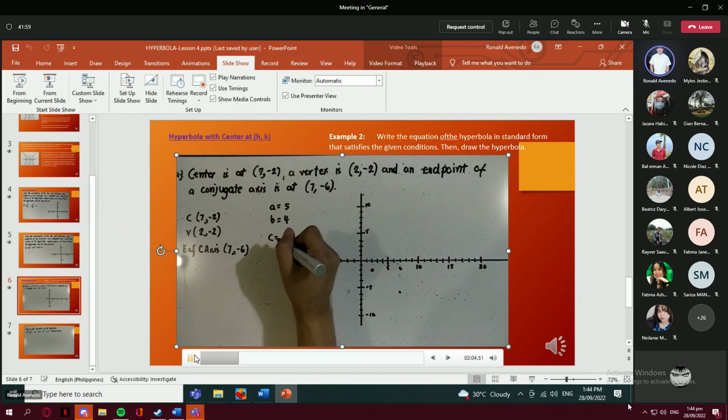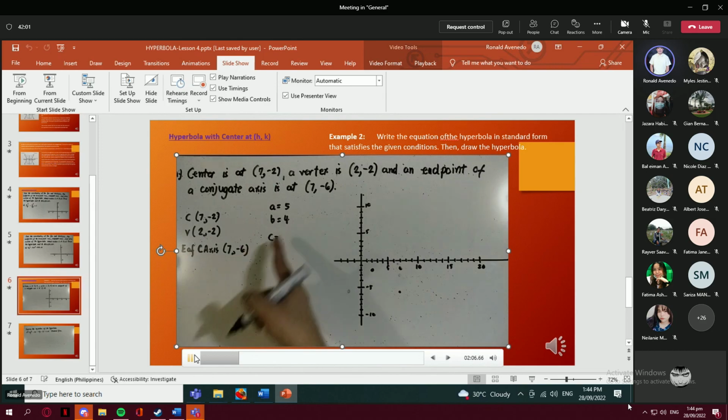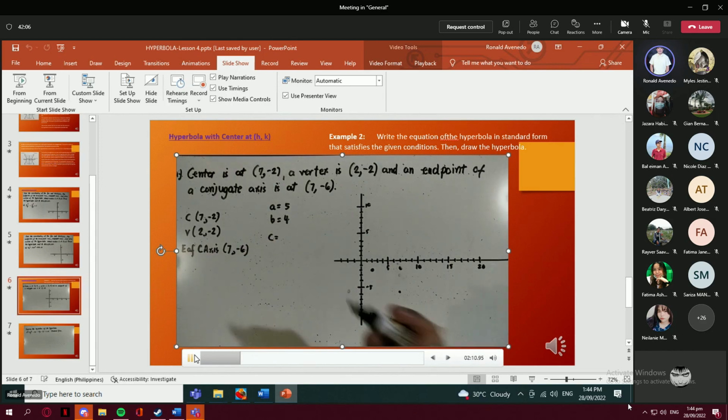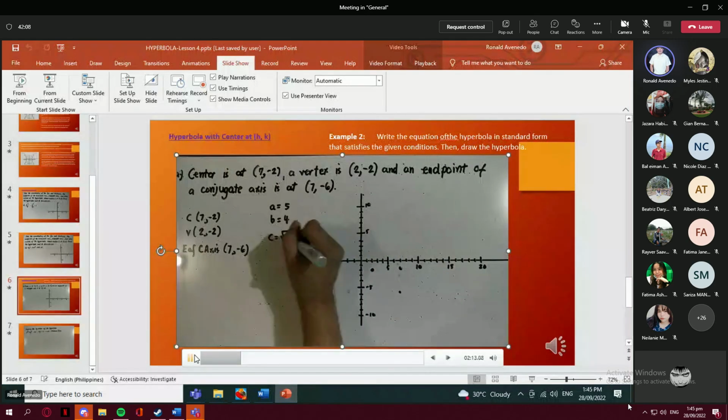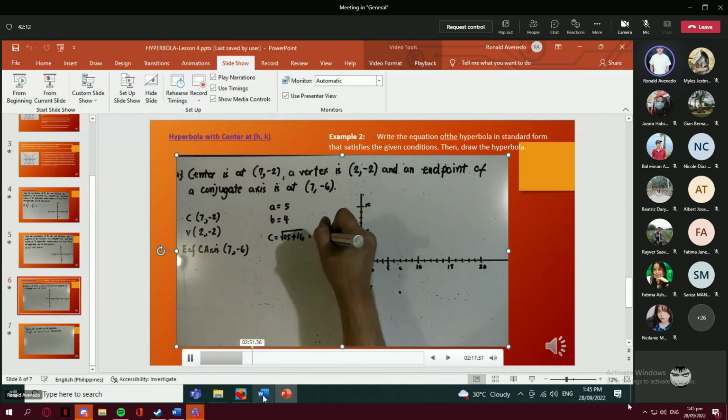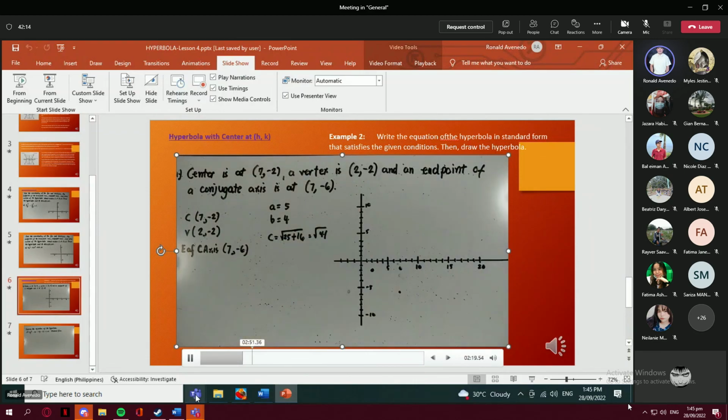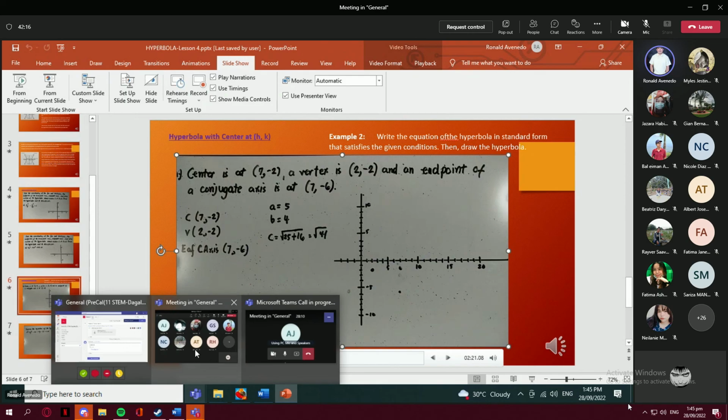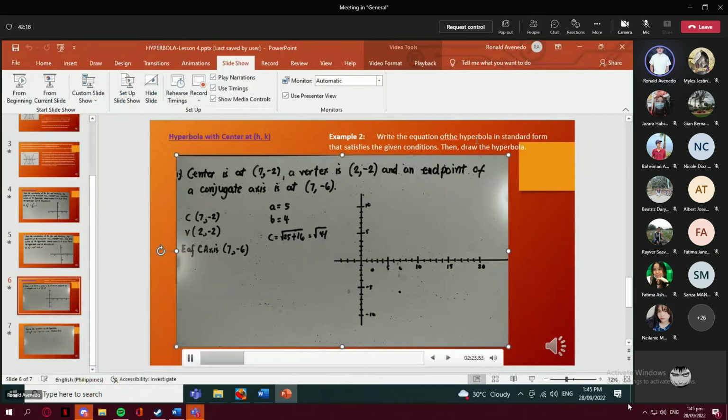So 25 plus 16 is square root of 41. And 41 has no exact root, so we'll just leave our answer as it is. C is equal to square root of 41.